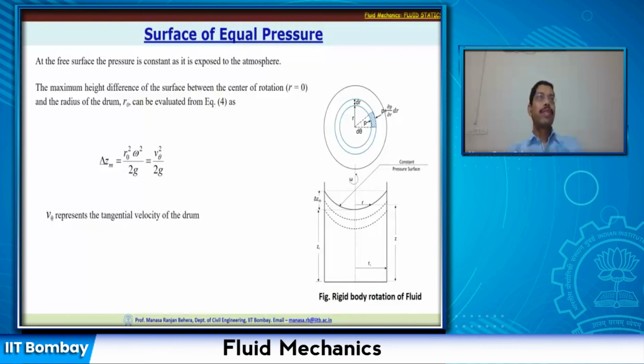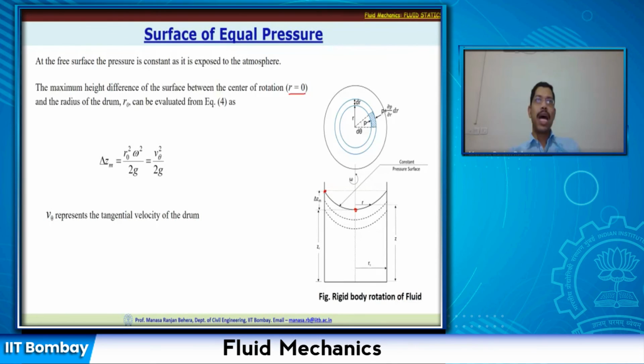Now at the free surface, the pressure is constant as it is exposed to the atmosphere. That's what I have already explained. The maximum height difference of the surface between the center of rotation, that is r equals 0, and the radius of the drum r0. So that we are telling here, the maximum height difference, that is between the center here and this radius, this Δzm, is equal to r0² ω² by 2g. Okay.